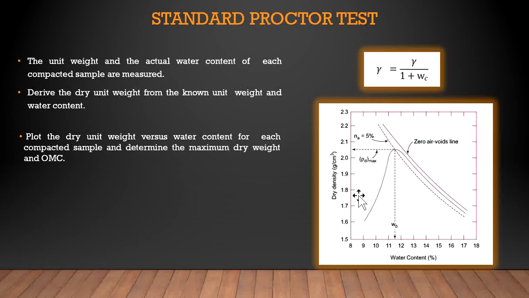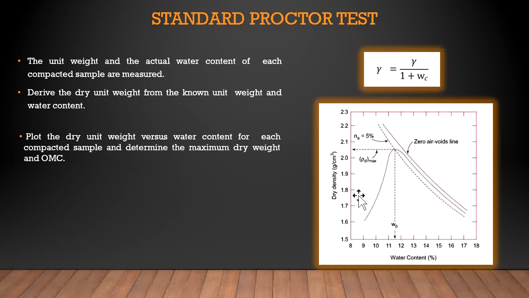Okay, so the compactive effort or compactive energy transmitted to the soil is considered to be about 605 Newton meter per 1000 cubic centimeter of soil. So this test has been adopted as a standard test by the AASHO, that is the American Association of State Highway Officials, initially.